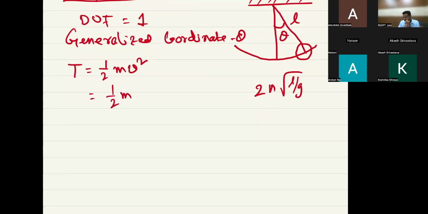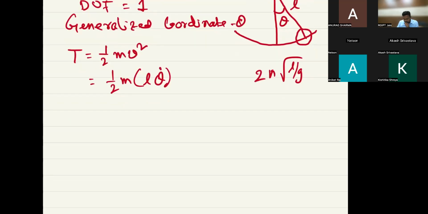But v is generally linear velocity; in this case, this will be angular velocity, right? And this will be given by L theta dot. This theta dot is the angular velocity here. And if you multiply this with length, you will get v square, right? So you get this value: half m l square theta dot square.